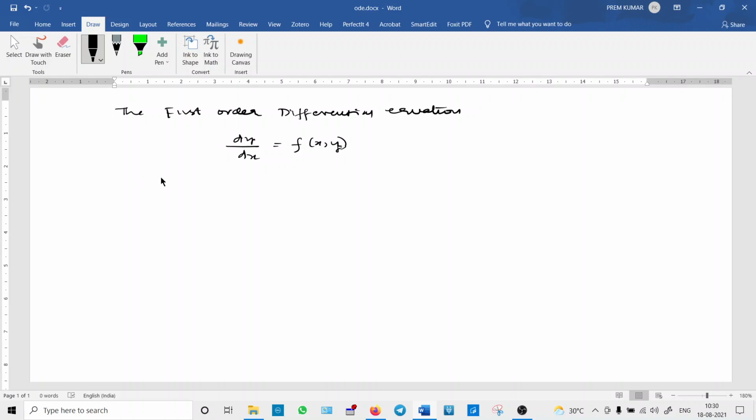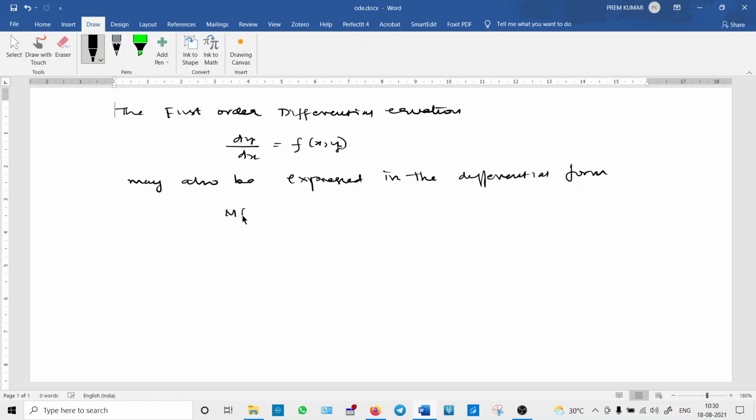This first order differential equation may also be expressed in the differential form. What is a differential form? This differential equation can be written in the differential form.